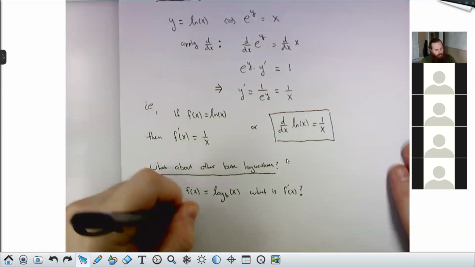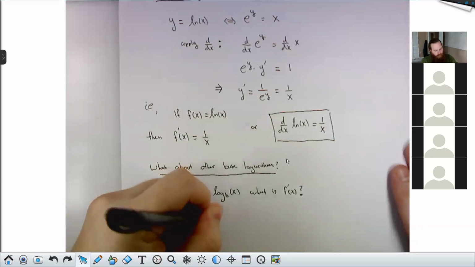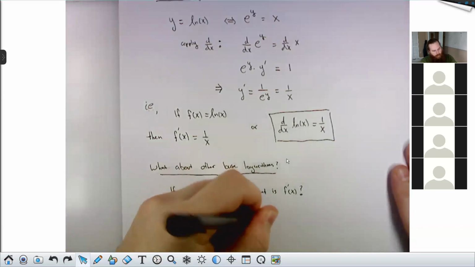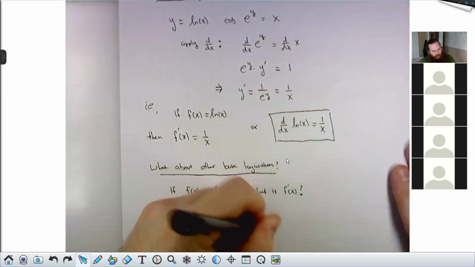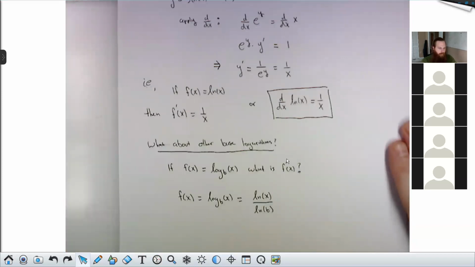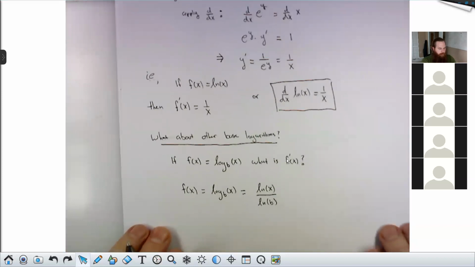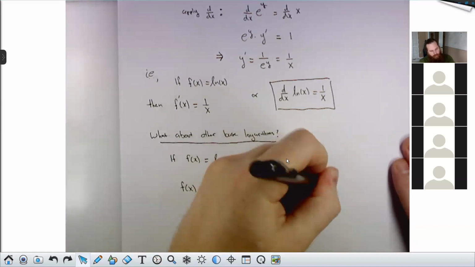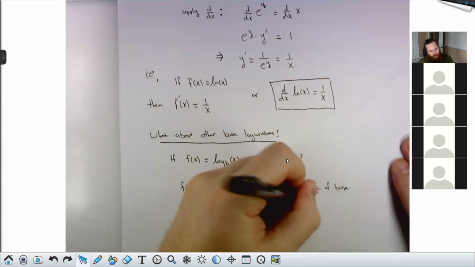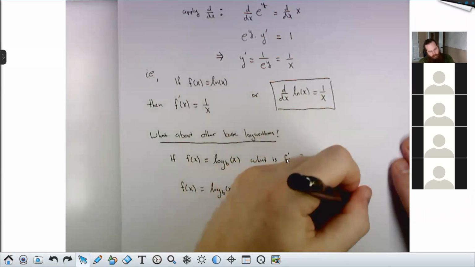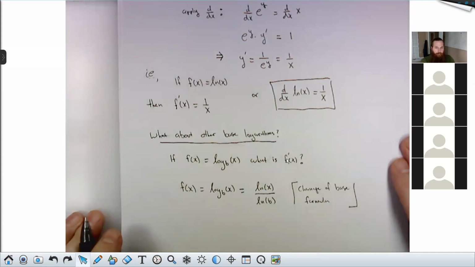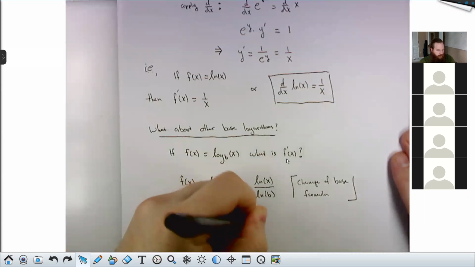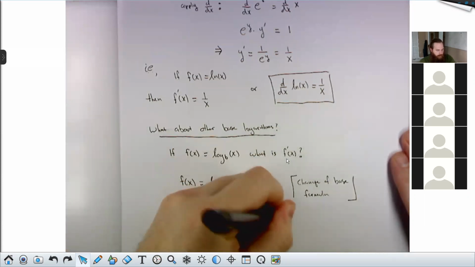Here, the original function f of x we can rewrite as the natural log of x over the natural log of b, using the change of base formula. And this is the same as 1 over ln b times ln x.